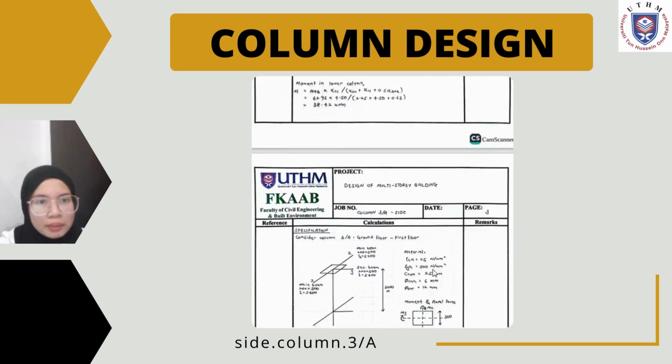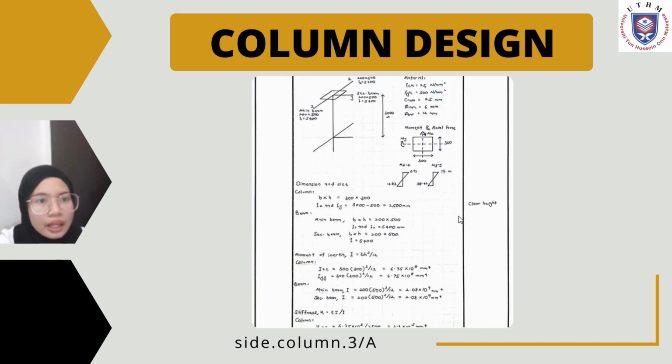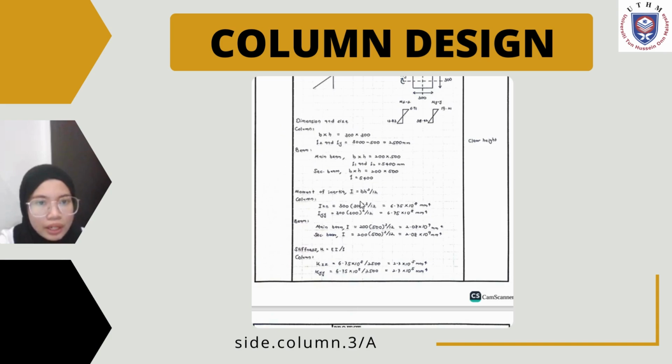Next, we determine the classification of column, which is cylinder or non-cylinder column, to know the failure modes. The specification is as shown in this slide, and the calculation is considered at ground floor to first floor. From the formula of moment of inertia, we get column z-axis and y-axis is 6.75 multiplied with 10 power of 8 millimeter power of 4, while for main and secondary beam is 2.08 multiplied with 10 power of 9.